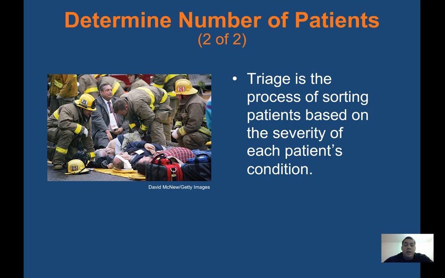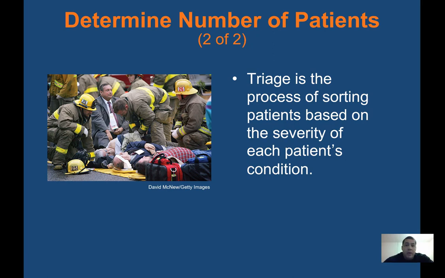So triage is the process of sorting patients based on the severity of each patient's condition. So if there's a bus crash with 30 people involved, you want to figure out who is going to be critical, who's going to be semi-critical, and who's walking and talking but injured. Okay, lower level. So there are different types.